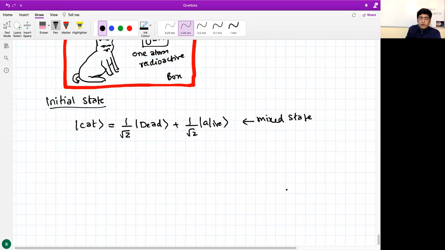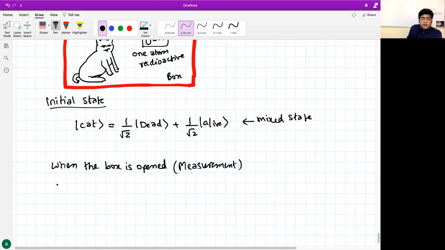Now when the box is opened, in that, we say that this is a measurement you are doing. So let's keep the cat alive, let's not kill it. In this case, we open and see that it's alive, and the probability becomes 1.